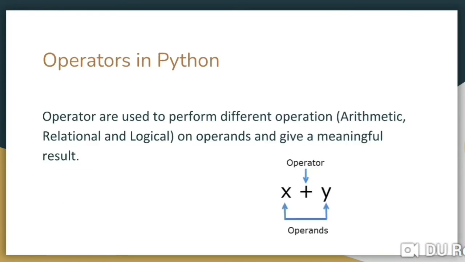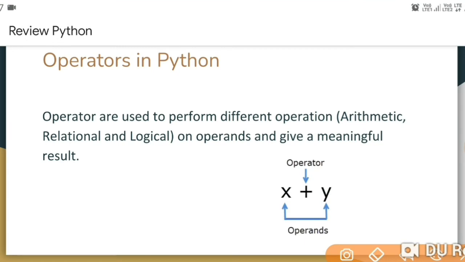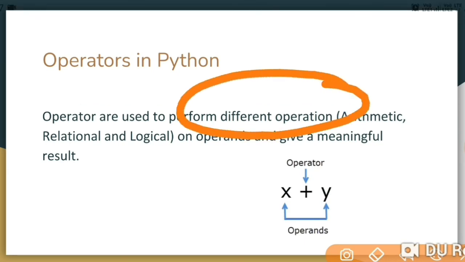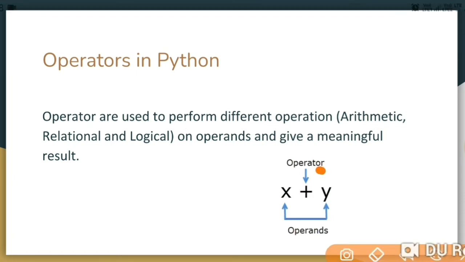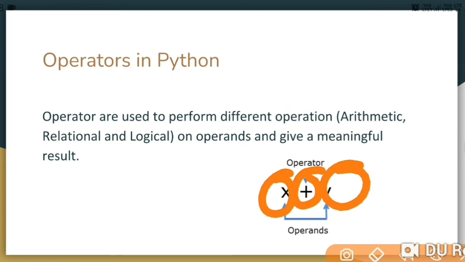Now moving ahead to learn the operators in Python. Operators are used to perform different operations like arithmetic operation, relational operation, and logical operation. For these operations we need operands. What is an operand? This is the operator, and the values before and after any operator are known as operands.